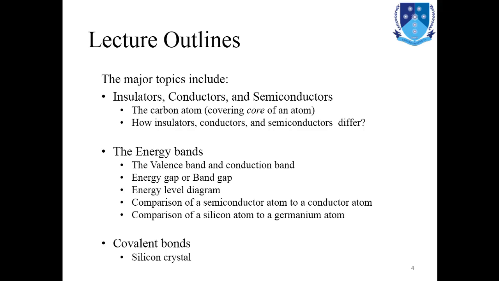Today we will start our lecture by discussing insulators, conductors, and semiconductors, meaning the three different types of matter based on conductivity. In this section of our lecture, we will learn an example of a carbon atom.